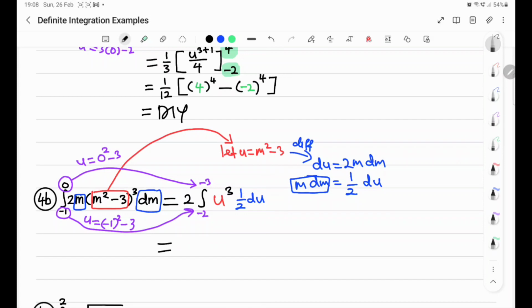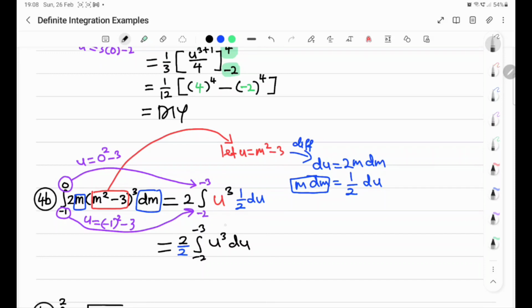Now before we continue this integration, it's better to move all constants outside. So the existing 2 is already there, and then we can take out 1 over 2 to have 2 over 2 over here, and then the integral from minus 3 to minus 2 of u power 3 du. That's better.